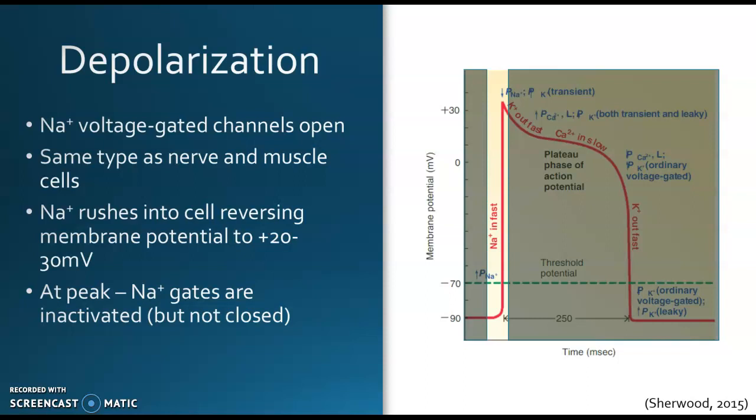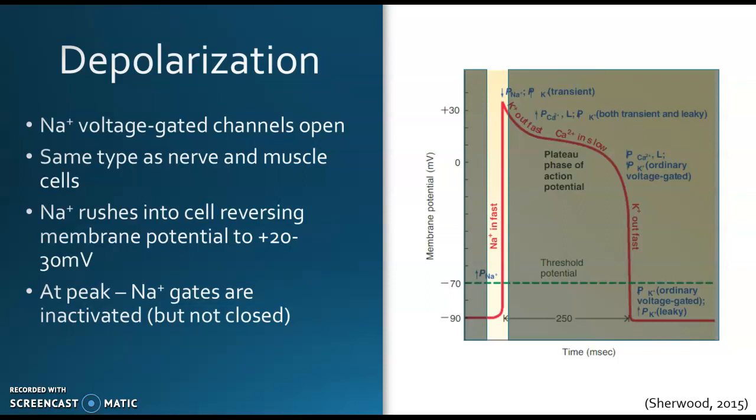And then a stimulation from the pacemaker cells is what is going to ultimately lead us into that depolarization phase. So during depolarization, much like you have learned previously when you have looked at action potential, sodium voltage-gated channels open. This allows sodium to rush into the cell.